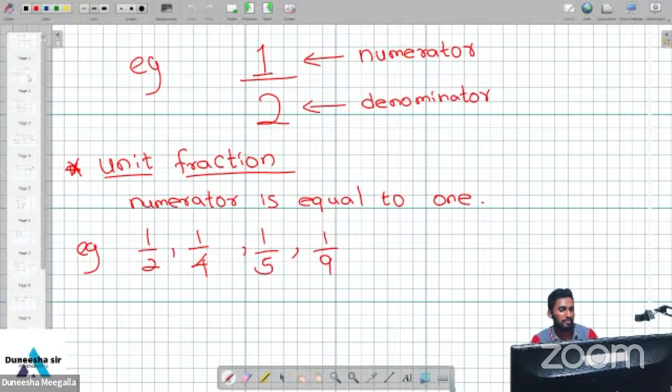Then 2 is the denominator. Can you remember what a unit fraction is? The numerator is equal to 1. 1/2, 1/4, 1/5, 1/9. These are the unit fractions.